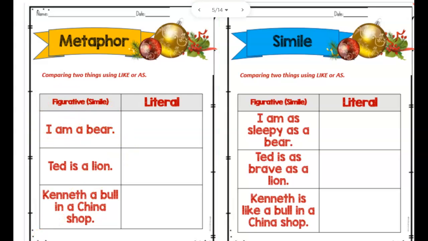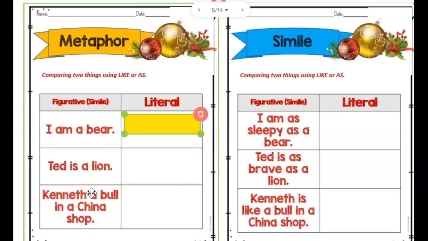What do you think that could mean? Think about bears' personalities. He's probably not actually a bear. He probably just compares himself to a bear. Now, I know that bears hibernate and they normally sleep a lot, so the literal meaning might mean that he sleeps a lot.